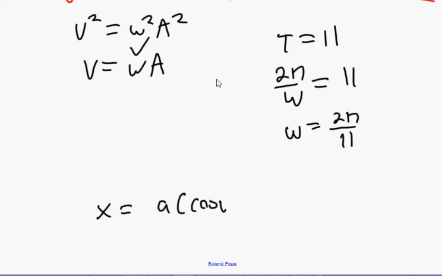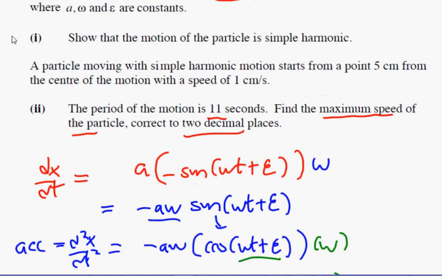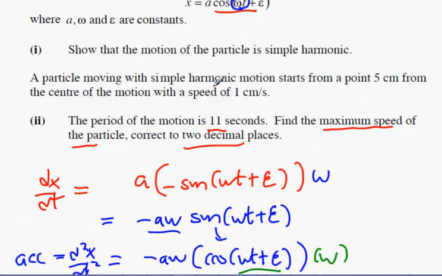The velocity is the first derivative, and we know that the particle in simple harmonic motion starts at t equals 0, x equals 5, and v equals 1. That's a lot of information for one part.